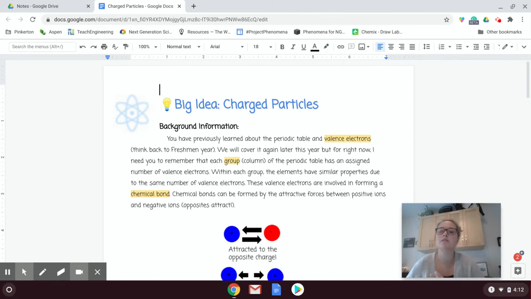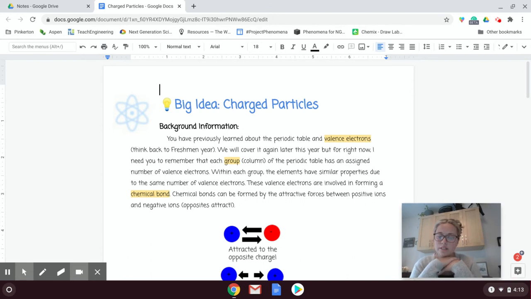So anyways, some background info. You have learned about the periodic table and valence electrons before. Remember, freshman year. I know it's been a while and I know a lot has changed since then, so I'm not holding you to anything, but maybe some of this is still there, just kind of buried under everything else.